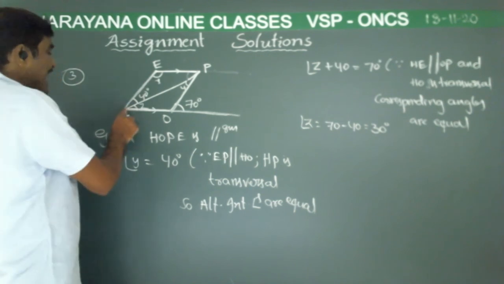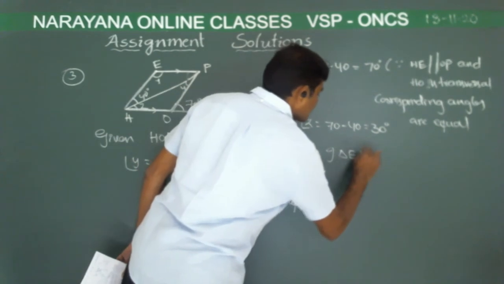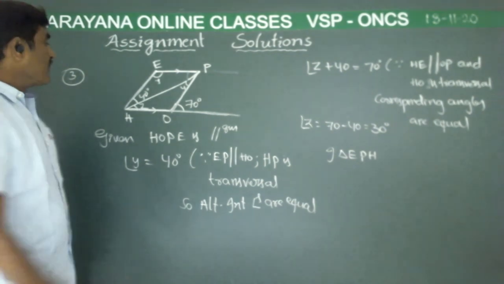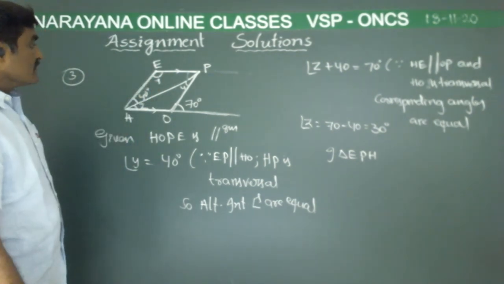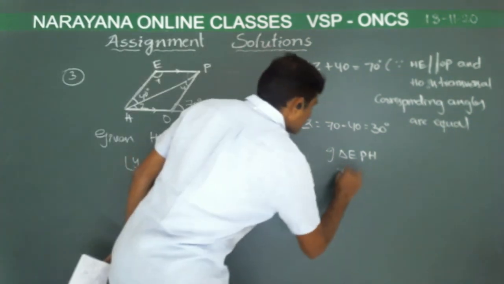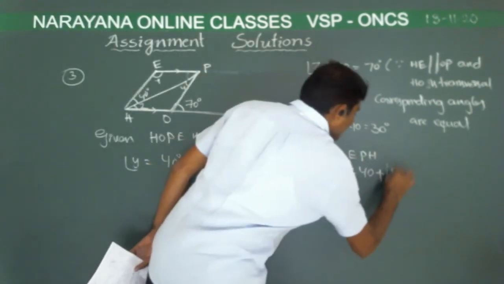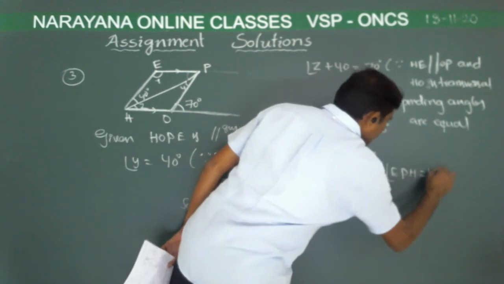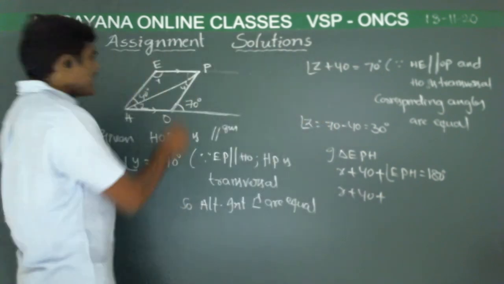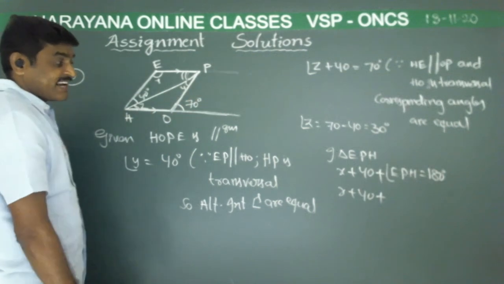Next, in triangle EPH, you know that the sum of angles in a triangle is 180 degrees. The three angles are x plus 40 plus angle EPH, which is equal to 180. Angle EPH is equal to Z, for the same reason, alternate interior angles.